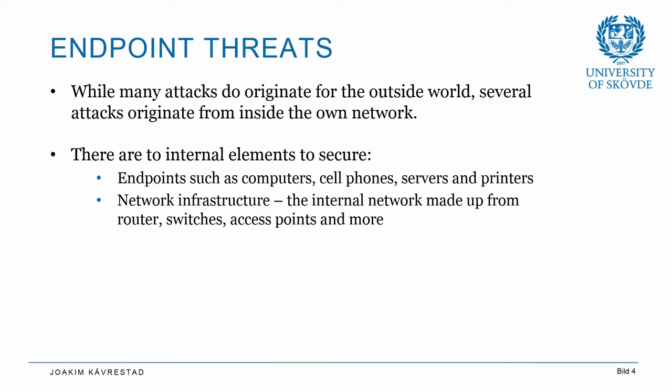Everything that has a computer can be infected and taken over. But we also need to secure the network infrastructure, both with good edge protection against the outside world, and with internal protection, internal firewalling and internal IDS, to ensure that we are also fairly secure against internal threats.